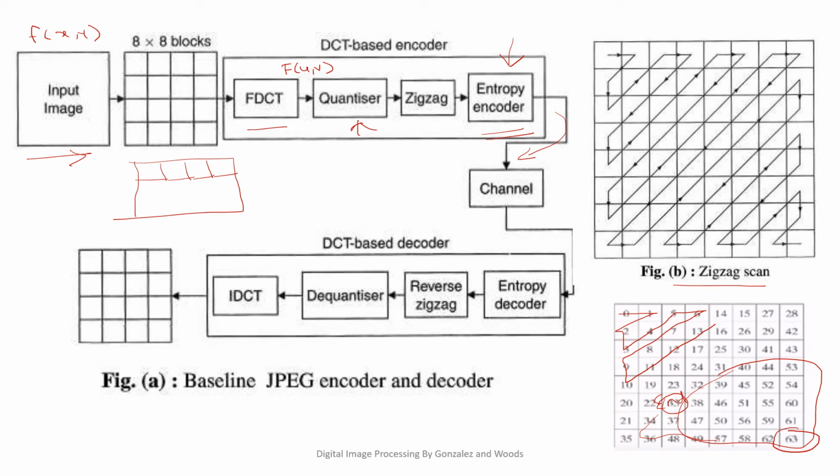To perform JPEG decoding, the reverse process of coding is applied. That is, the encoded data is entropy decoded and passed through a reverse zigzag table in order to generate a 2D array. This array is then rescaled using the quantization factor and then passed through the inverse DCT.